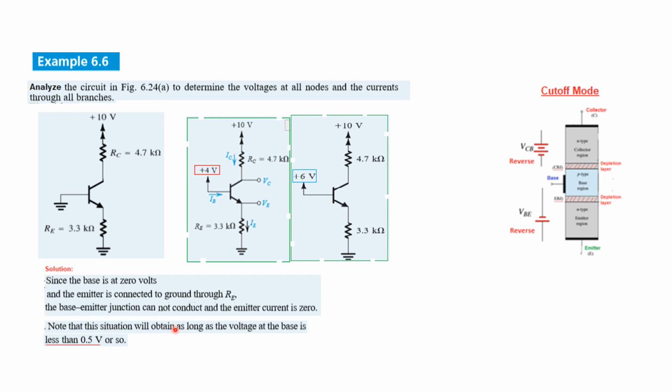Note that this situation will obtain as long as the voltage at the base is less than 0.5 volt. So this is 0, but even if it goes up to 0.5 volt, this will remain in the cutoff state, because you have to have a 0.7 volt drop here.